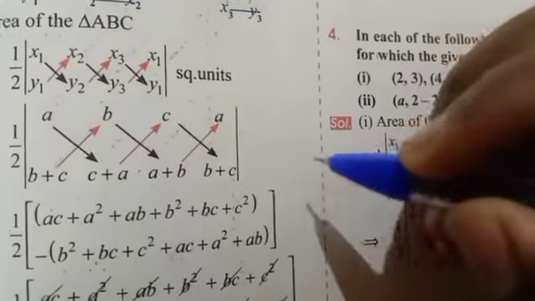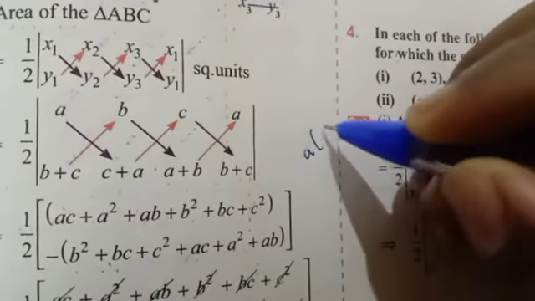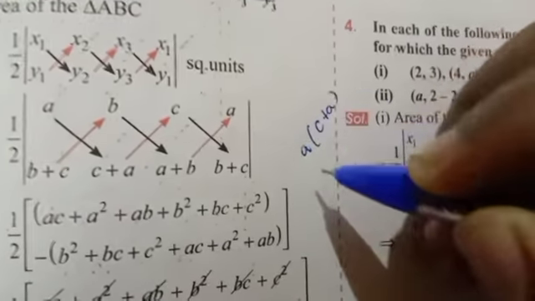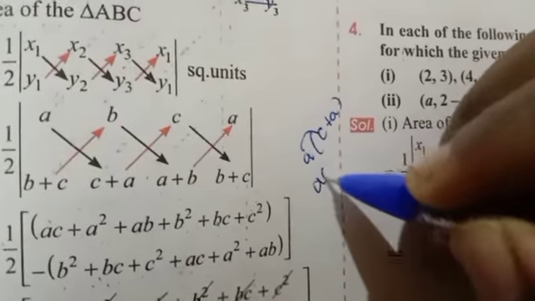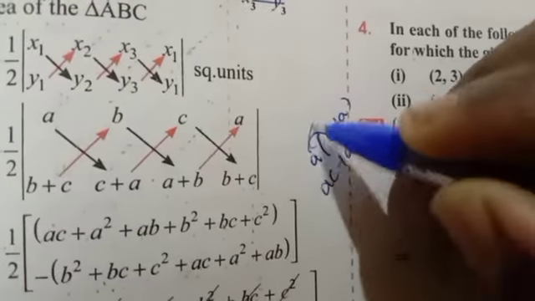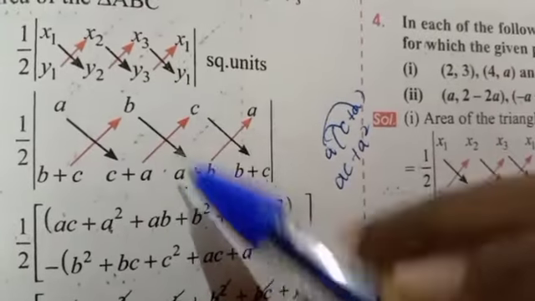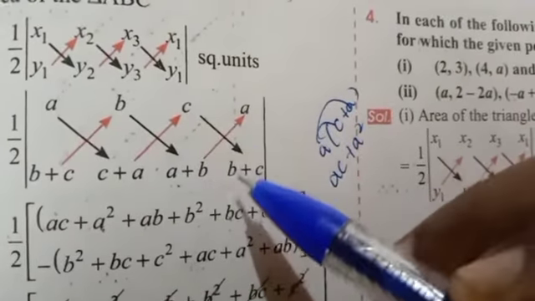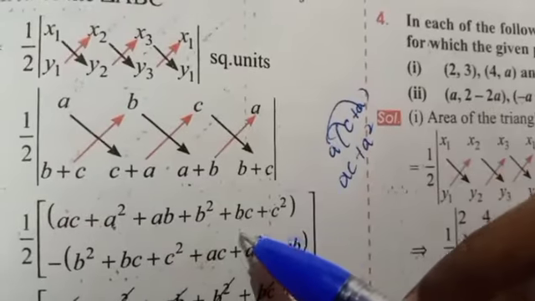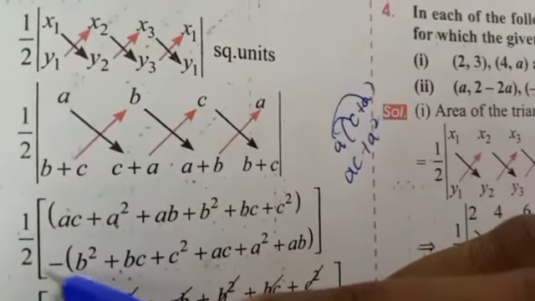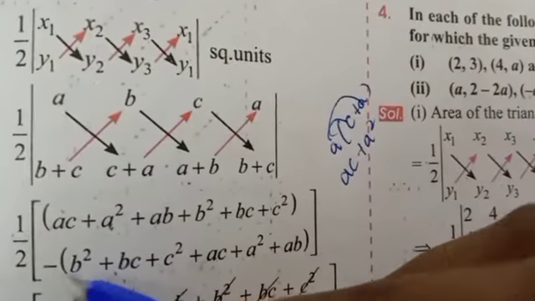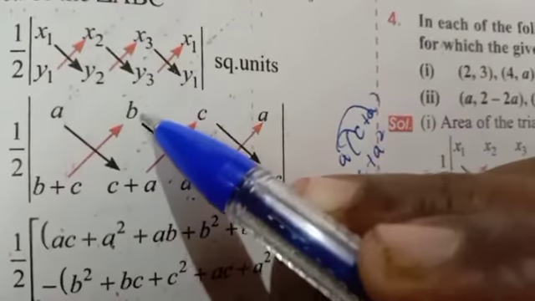Students, if you have a doubt, a into (c + a) is ac plus a square. Plus b into a is ab plus b square, bc plus c square. The first group is completed. Minus of this, the minus in the formula: (b + c) multiplied with b.